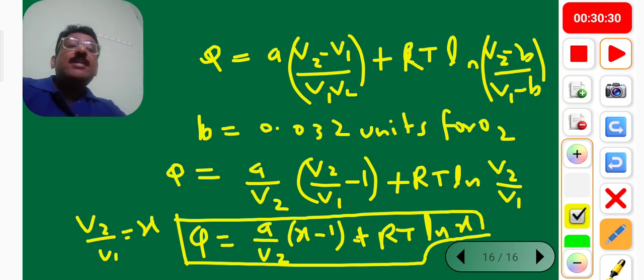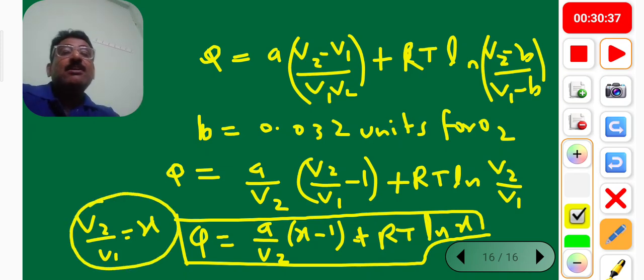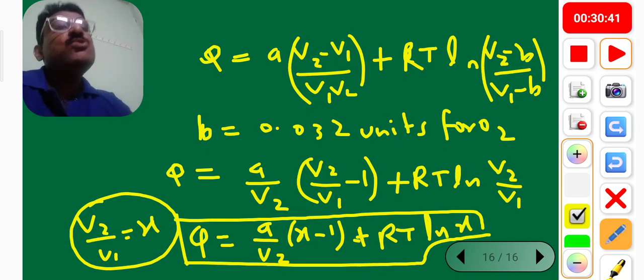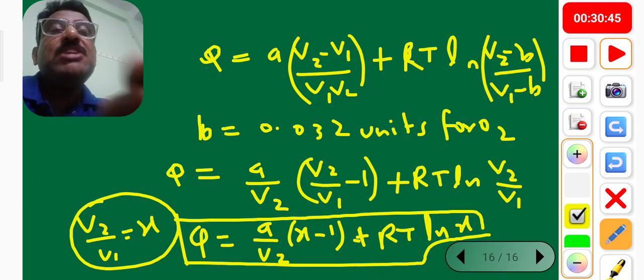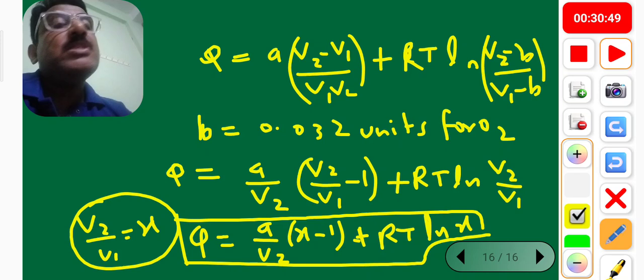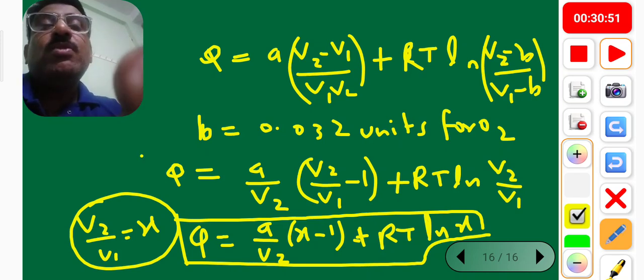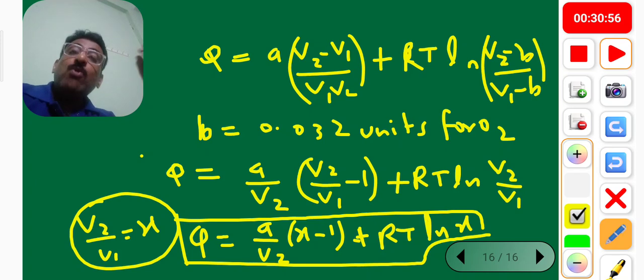In this case you can see that X is the value V2 divided by V1. If you want to find X, then V2 is very important, so we need V2 here for solving the equation. In this way we can find out by how much the volume has changed.